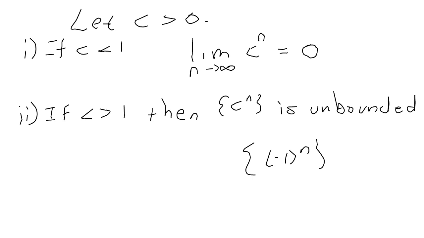So it's bounded by the figures that it's alternating between. So it's possible to be bounded and not converge, but it's not possible to converge and not be bounded. I think I mentioned that before.